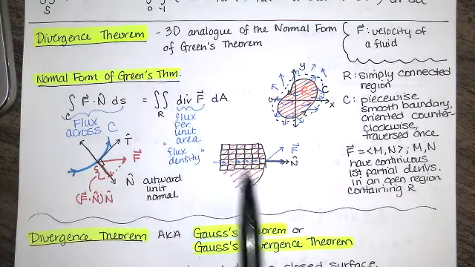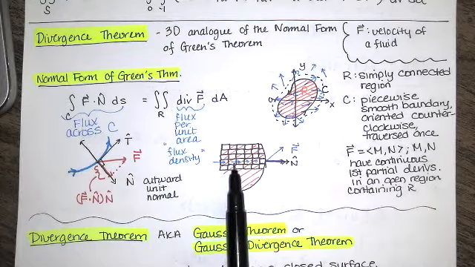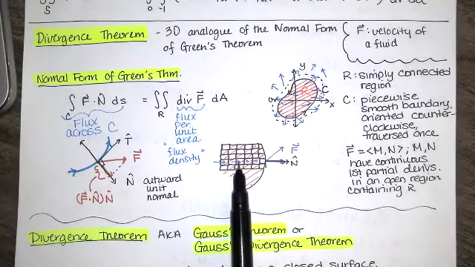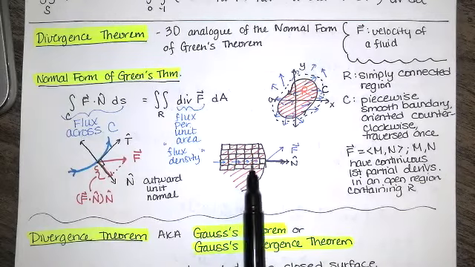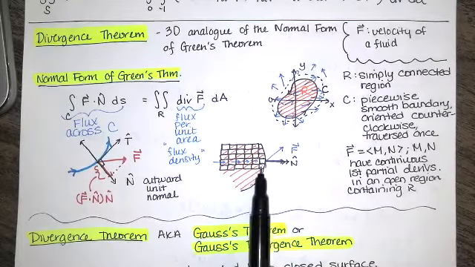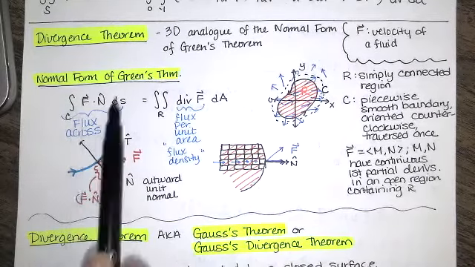I think this makes a lot of sense because whatever is going out of this little rectangle is going into that one, and whatever is going out of this one is going into that one. So all of those are going to cancel, except for the ones on the very edge. The ones on the very edge are actually going to count toward our flux.